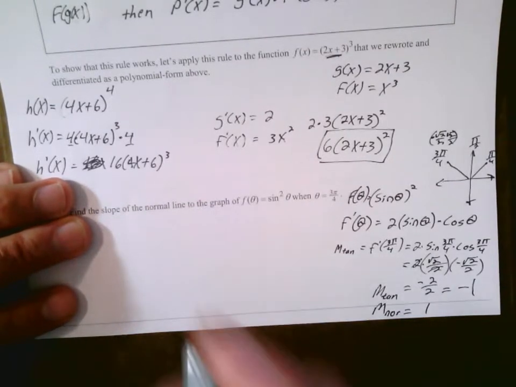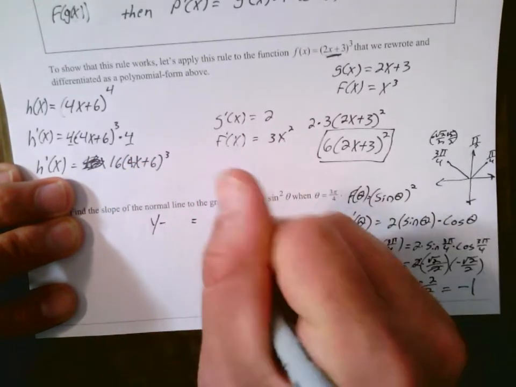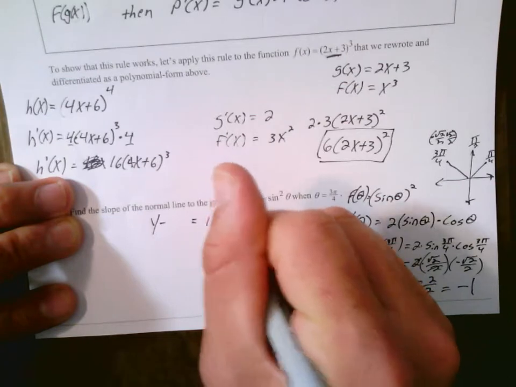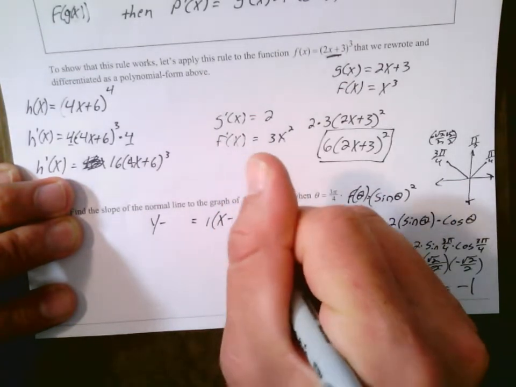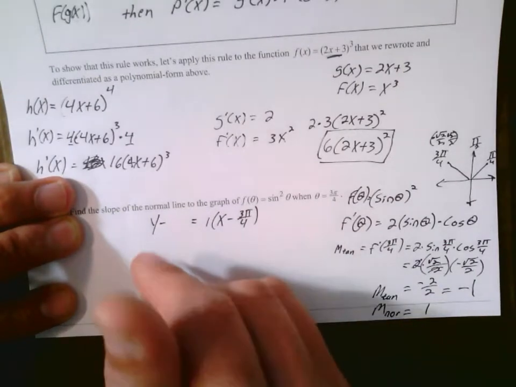So now I've got y minus equals 1. We don't have to put that. X minus 3 pi over 4. Then, how do I find y? I plug it back into the original.